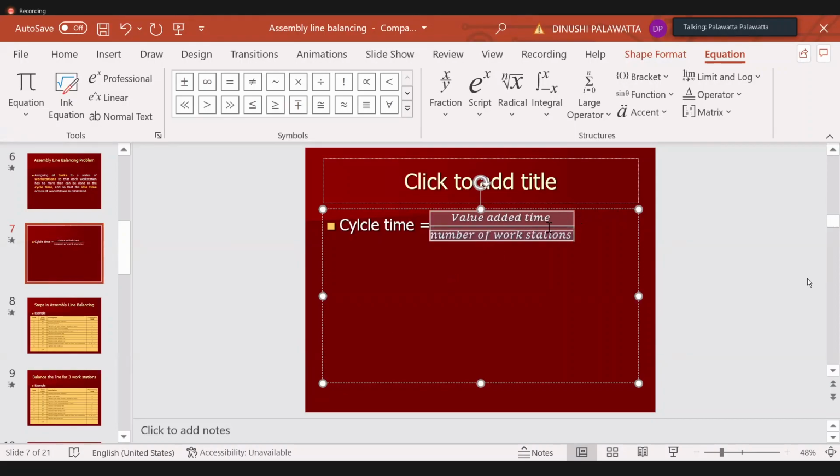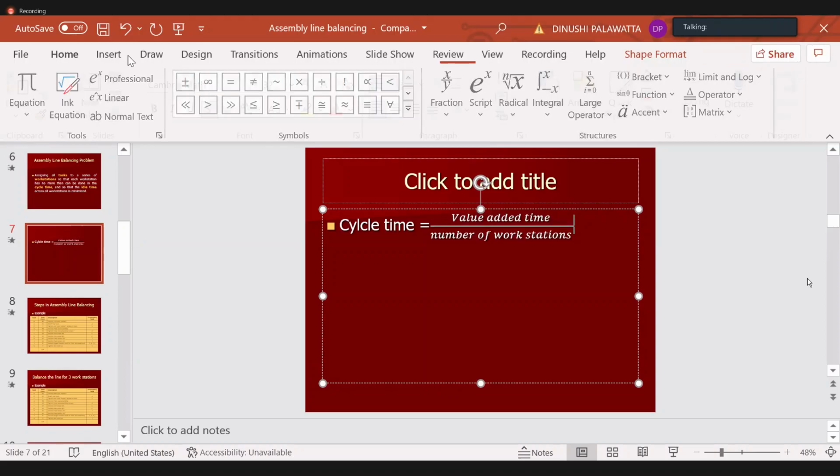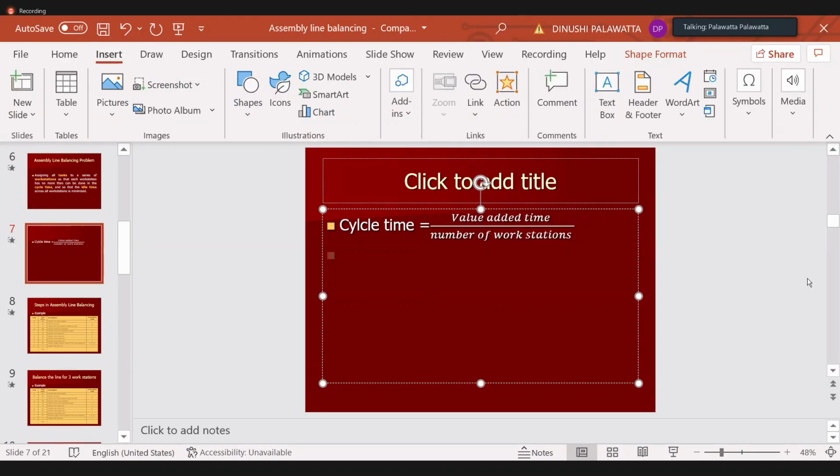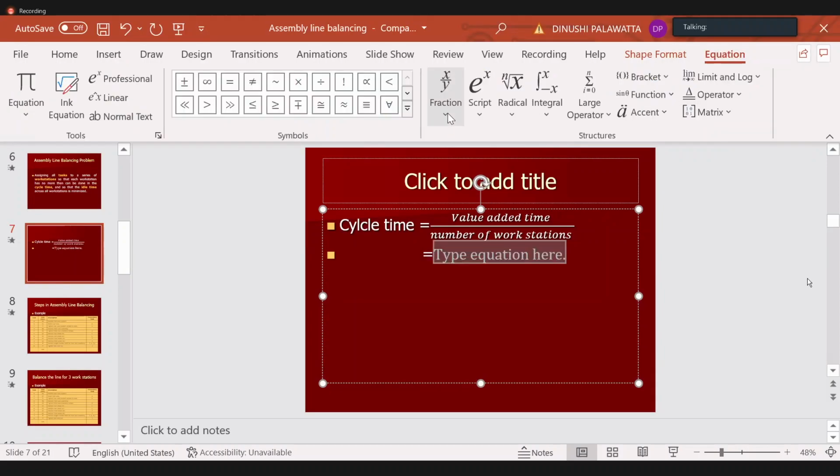In this one, the value added time is 195 and the number of workstations is 3.